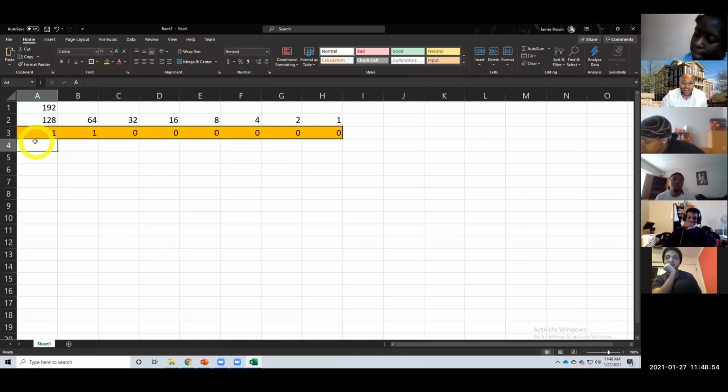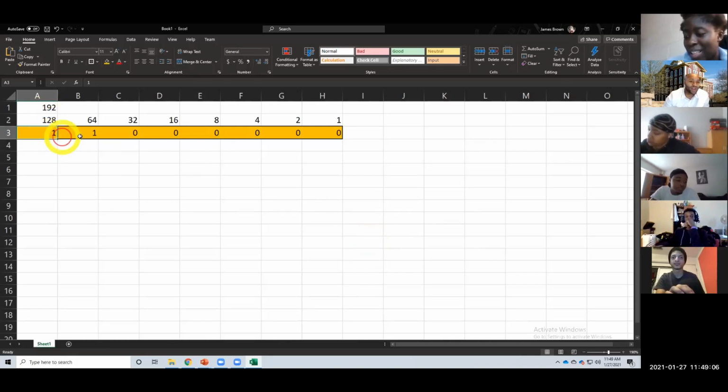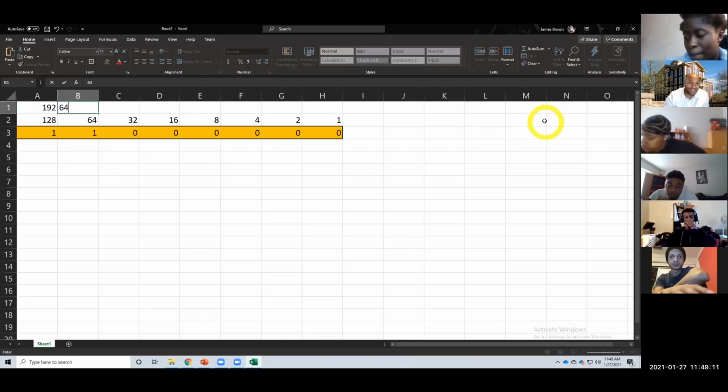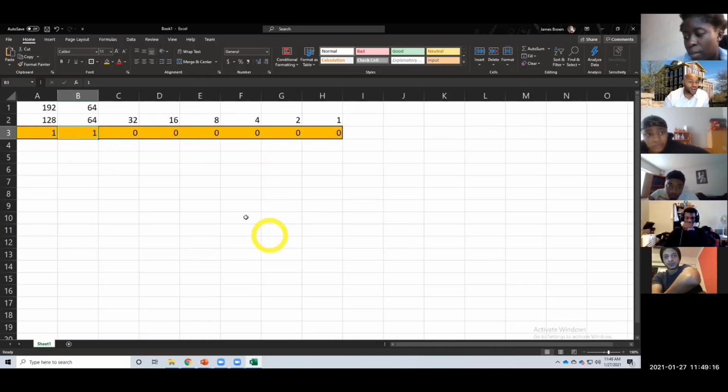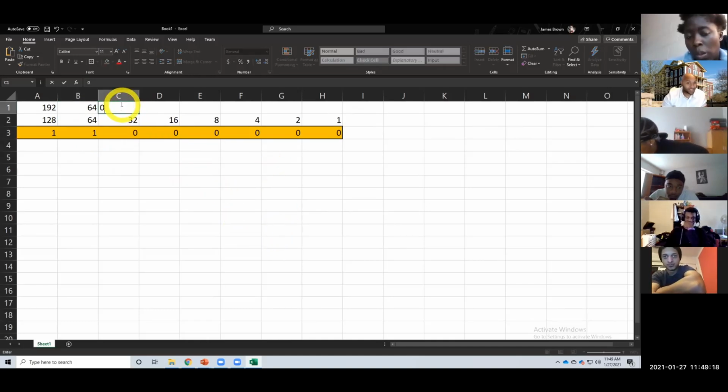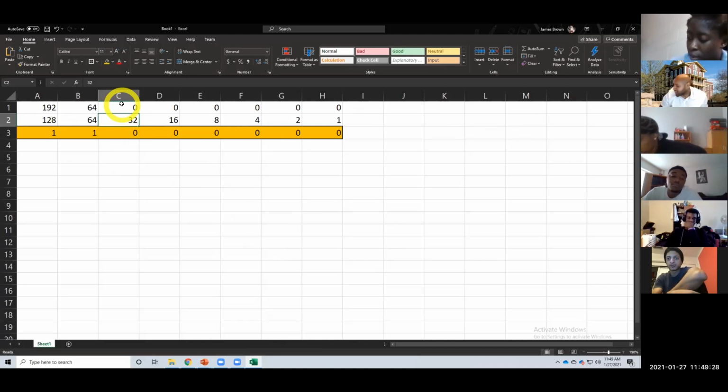Some of y'all look half asleep. It is 11:48. Y'all rolled out of bed and went to class. All right, so 192 is greater than 128. So we bring down a 1, subtract 128 from 192. That leaves us 64. Pull down a 1. Then the rest of these would be 0. You are correct. Everybody see how we got that?